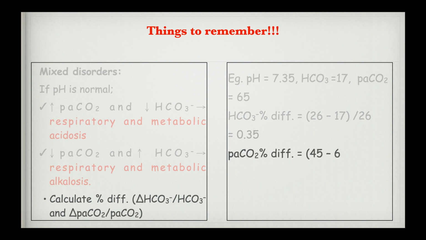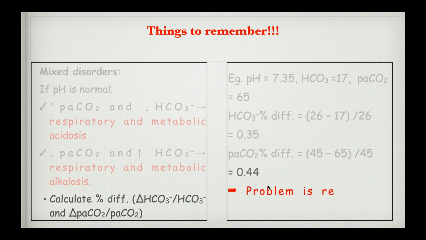Now, the percentage difference in carbon dioxide is you subtract the patient's carbon dioxide from the normal carbon dioxide. And so we have 45 minus 65 divided by the normal carbon dioxide, which is 45. And so over here also we are getting 0.44. And so obviously you can see that the percentage change in carbon dioxide is higher than that of bicarbonate.